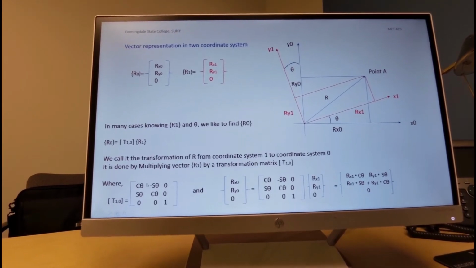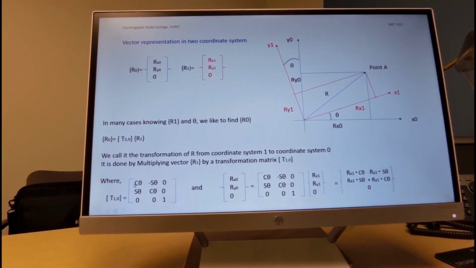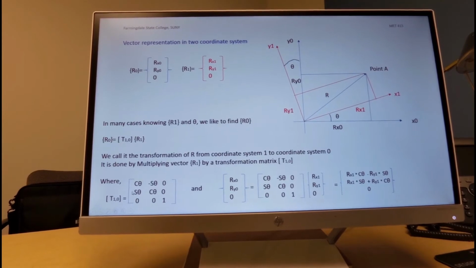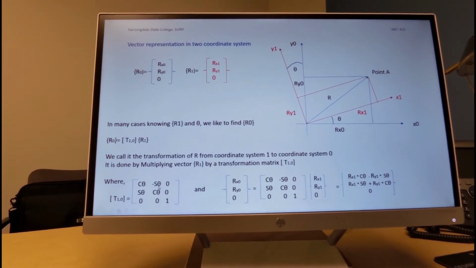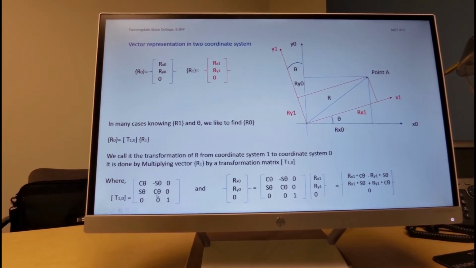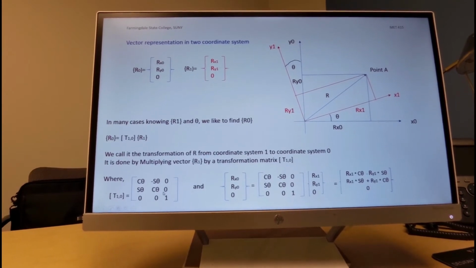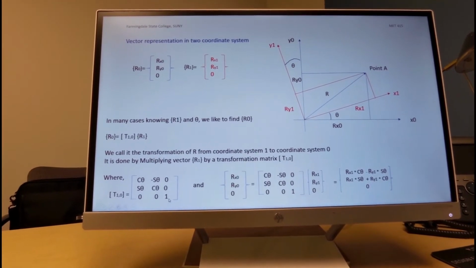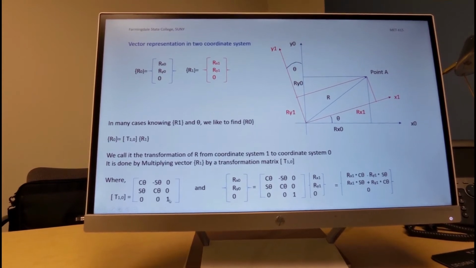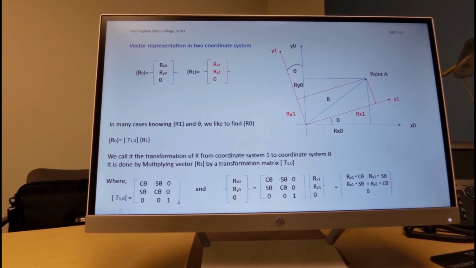Now, the components of the transformation matrix 1 to 0 is cosine theta, minus sine theta, and cosine theta, with 0, 0, and 1 over here for the third row. We'll see in a minute why.